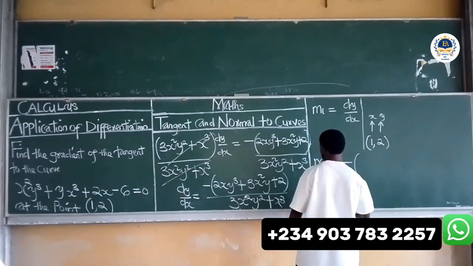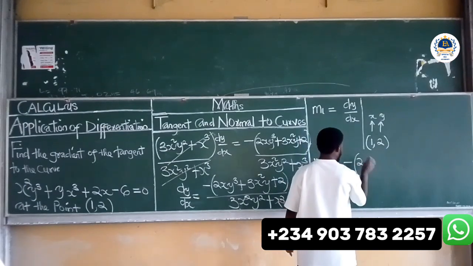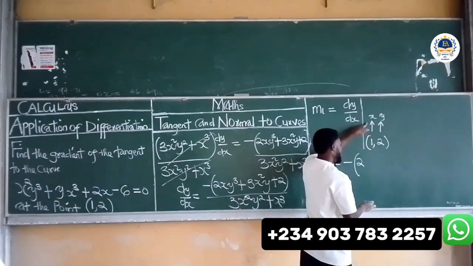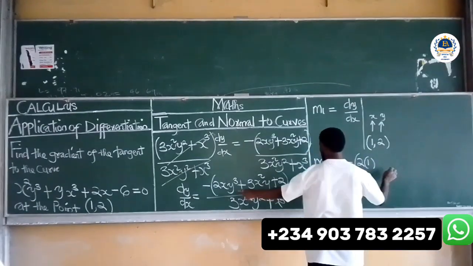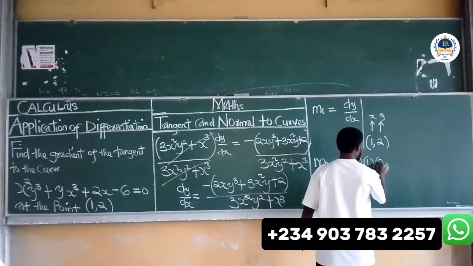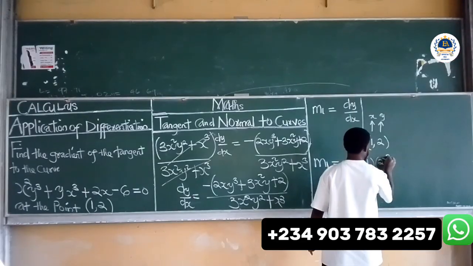Bracket open 2x, where x is 1, that is 2 times 1, then times 2 raised to the power of 3.